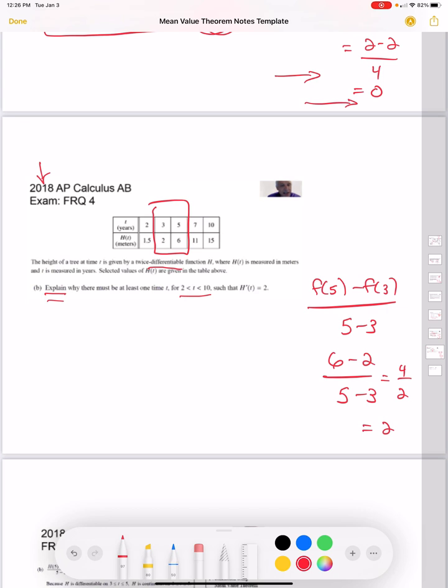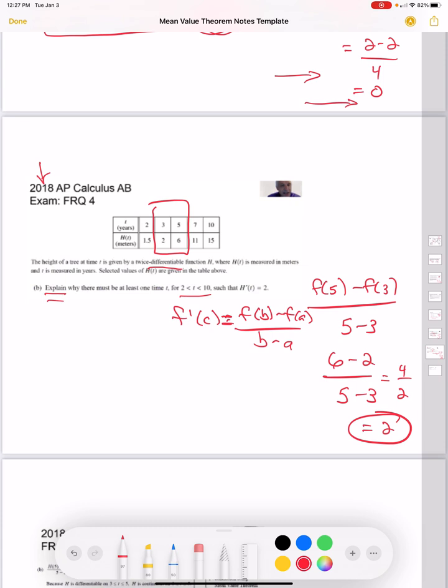So there is the right side. Remember what the mean value theorem says. It says that there must be an f prime of c such that f of b minus f of a all over b minus a is the same thing as f prime of c. So we've done the right side of this. This is saying to explain why there must be true. Well, we've got the information that we need.